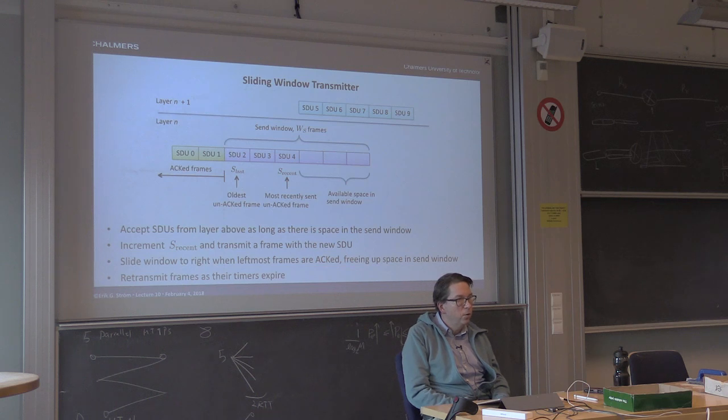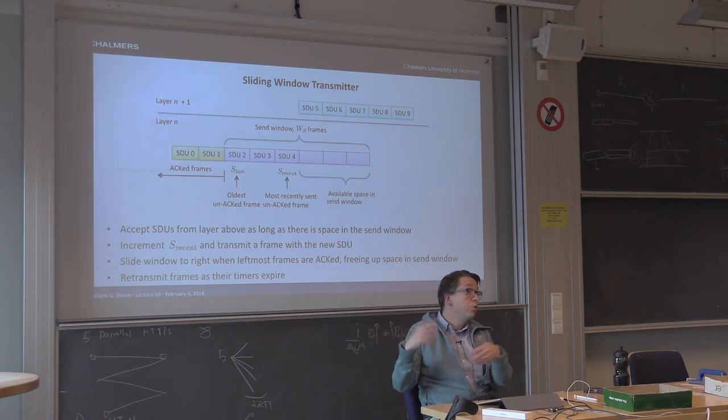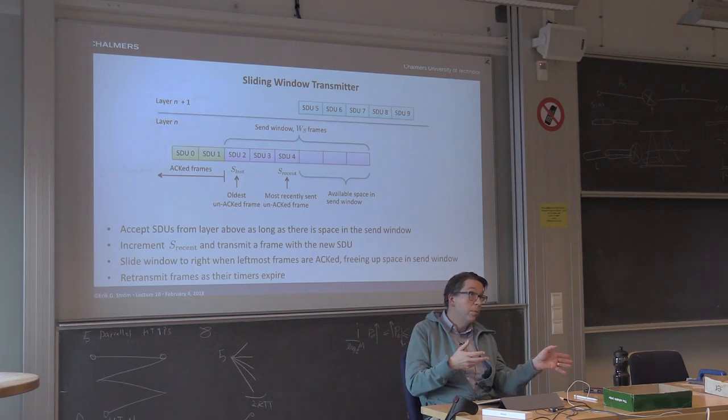Well, one way to do better at the transmitter side is not to wait for an acknowledgement, but rather to transmit, be a little bit optimistic. If we have several frames to transmit, why not just transmit them and keep track of the acknowledgements as we get them back?